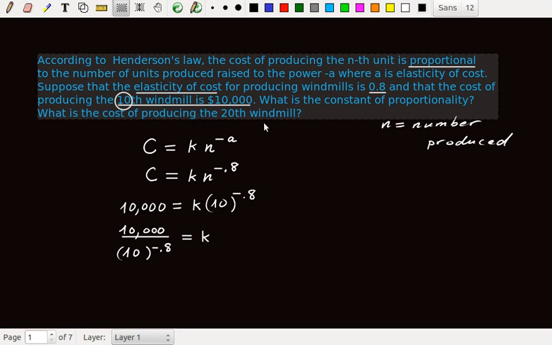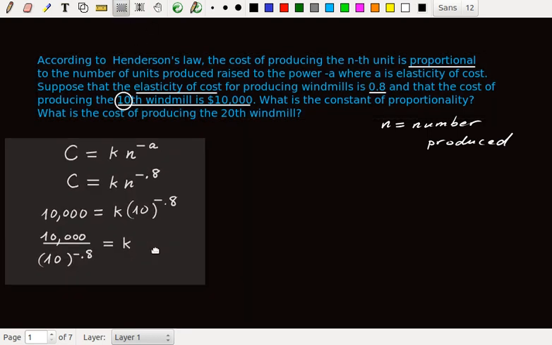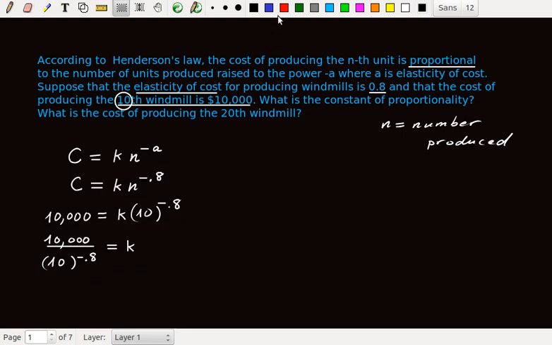Now, what is the cost of producing the 20th windmill? Well, because we know K, we actually can write out the entire function. We can write C is equal to this constant K, which is 10,000 divided by 10 to the minus 0.8.